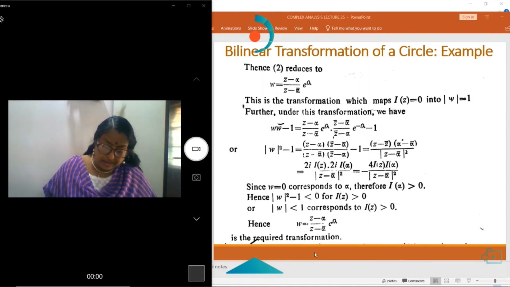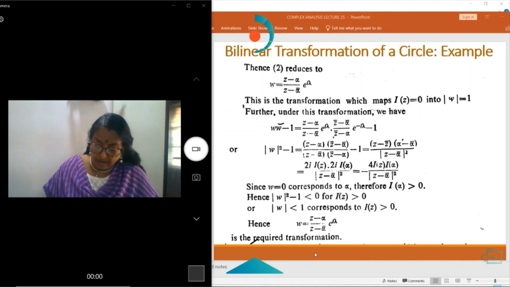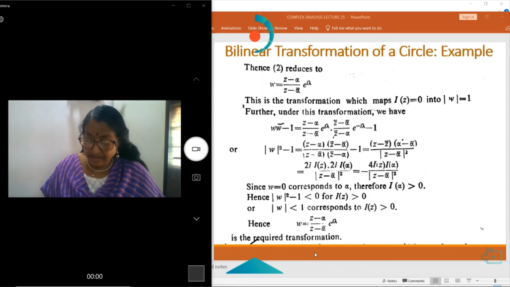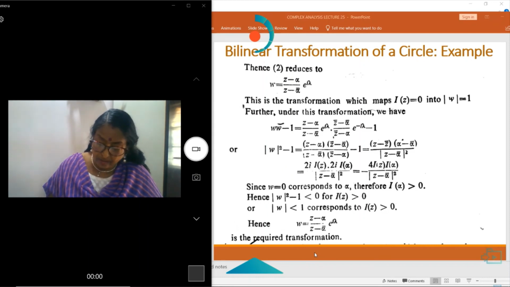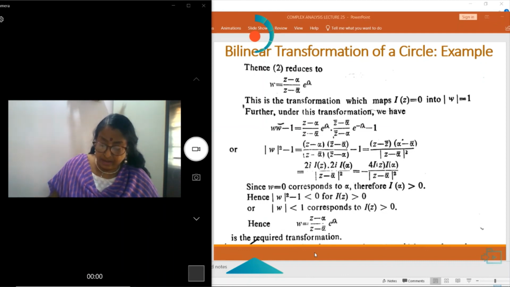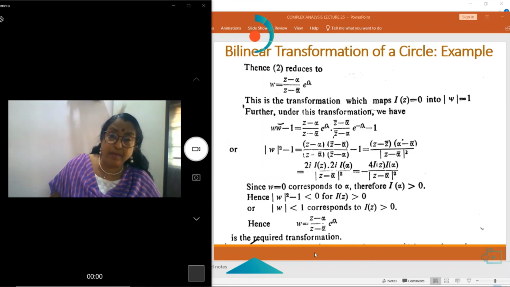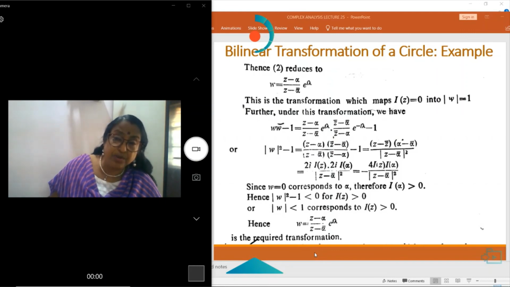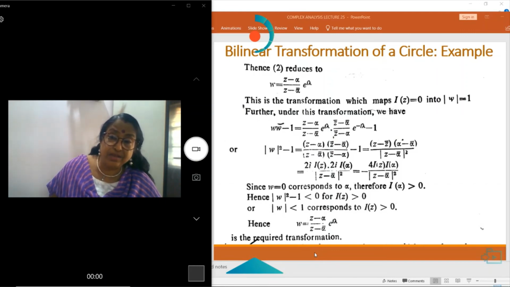So mod of W less than 1 corresponds to Iz greater than 0. That means when mod W is less than 1, the interior points of the unit circle, it corresponds to Iz greater than 0.